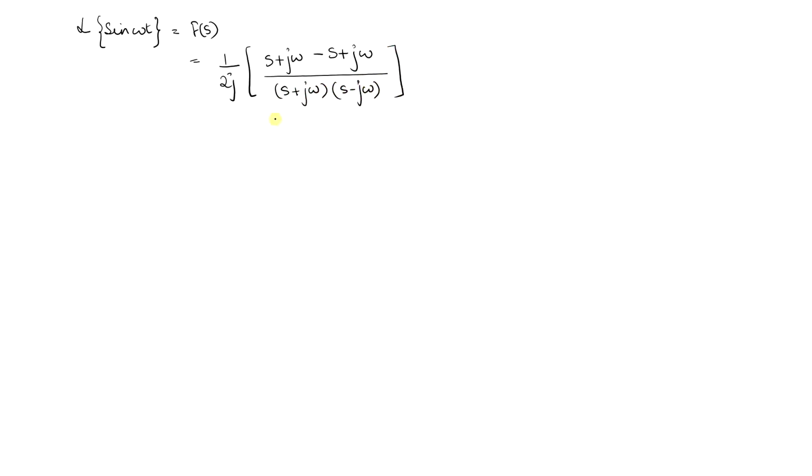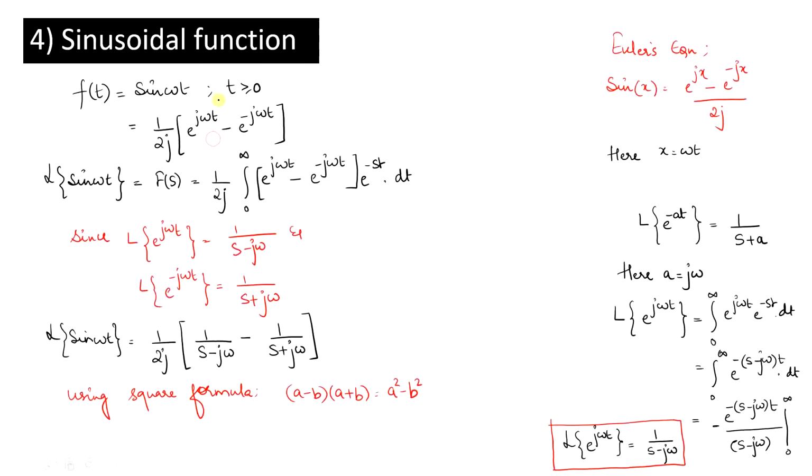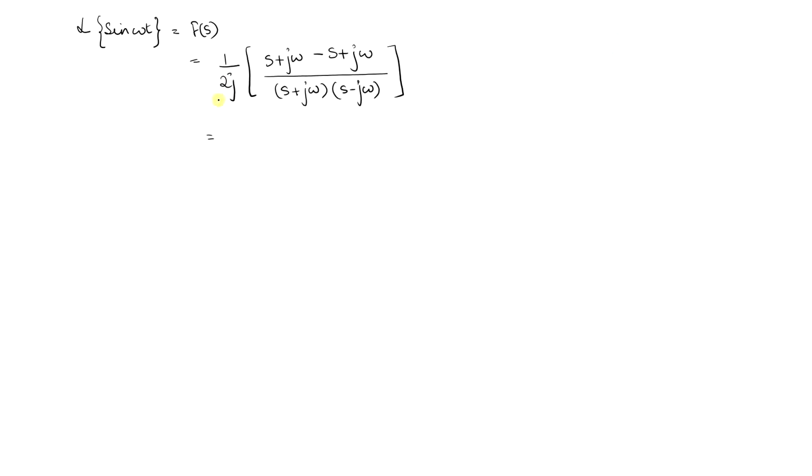So as we have seen previously, a minus b into a plus b is a square minus b square. So this will be 1 by 2j into 2j omega, because this s and minus s gets cancelled. This will be s square minus j square omega square.